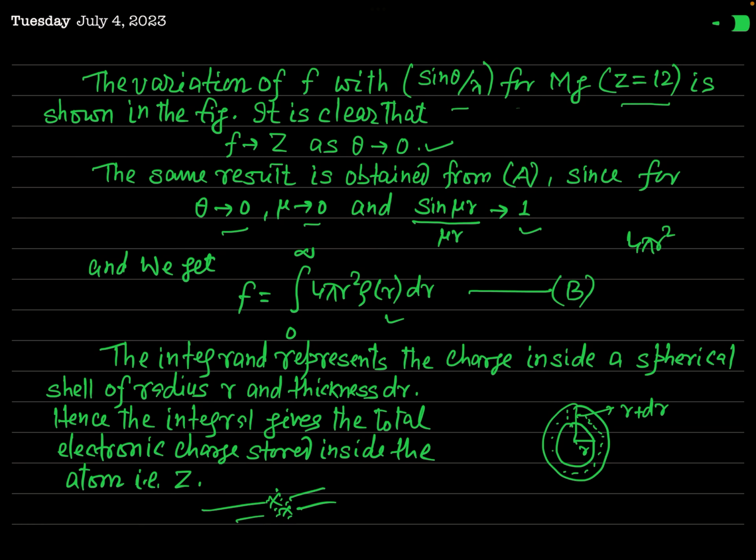Actually, 4 pi r square dr represents the volume of a spherical shell of thickness dr, and when you multiply it by rho, this represents the charge content in a spherical shell of radius r and thickness dr. So the integrand 4 pi r square rho r dr represents the charge contained in a spherical shell of radius r and thickness dr. Okay?